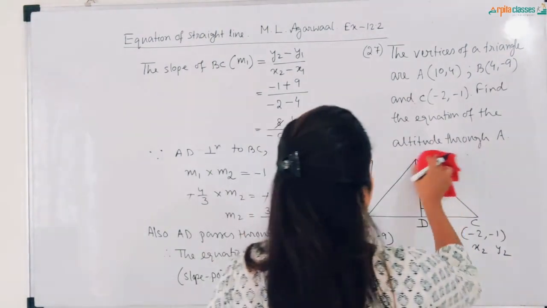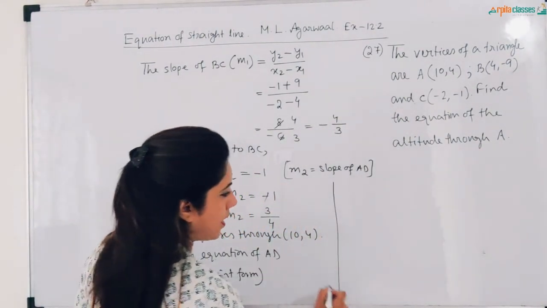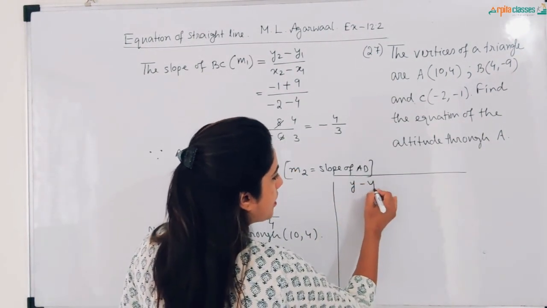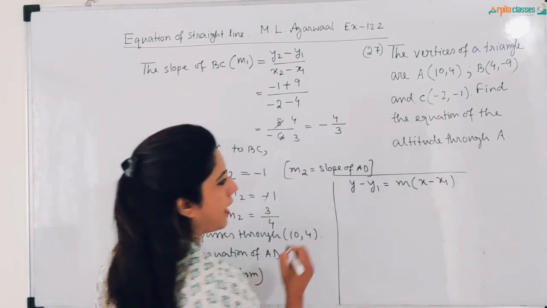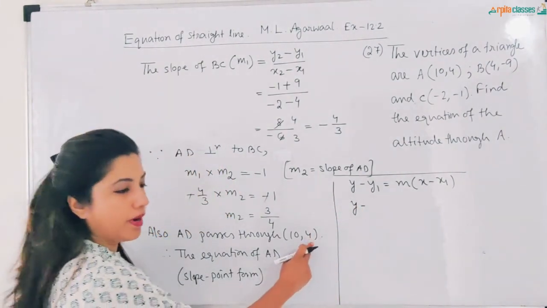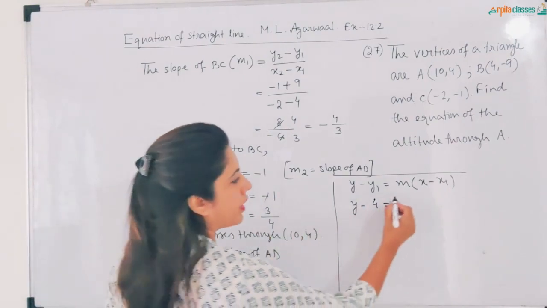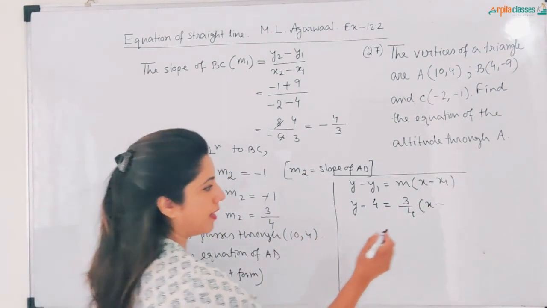Let me rub this part and do it here. So what is the form? Slope point form is y - y1 is equal to m whole into (x - x1). So y minus your y1, which is 4, is equal to m. m is 3 by 4 here, 3 by 4. x minus x1 is 10.